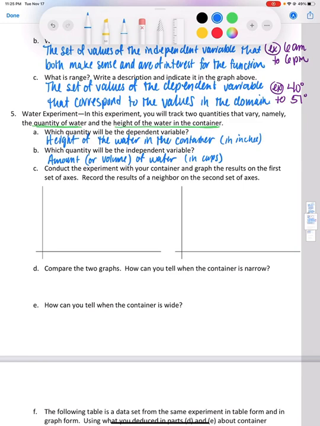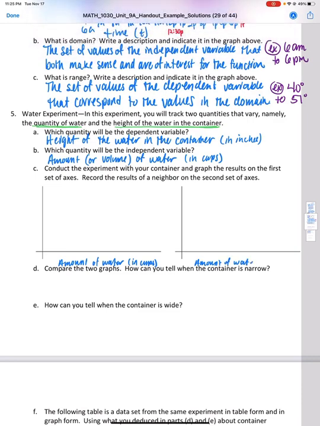Okay, so again, as we set up our axis to record our data, our independent variable is going to be on the horizontal axis. Okay, so that's our amount of water. Okay, we'll put that there. Same thing for our second set of data. Okay. And on our vertical axis, we're going to do our height in inches.